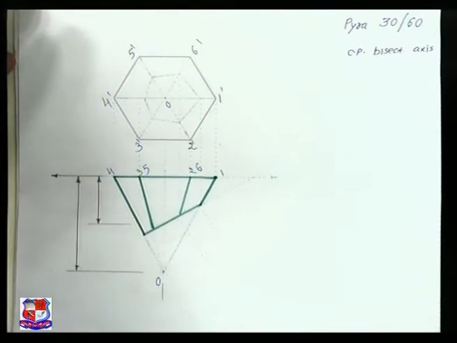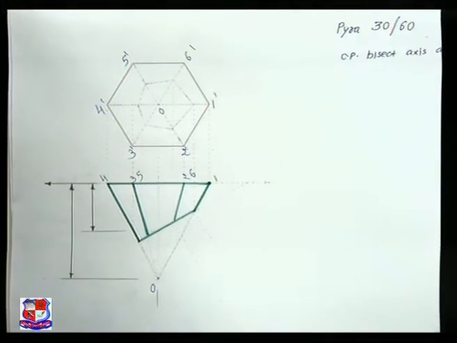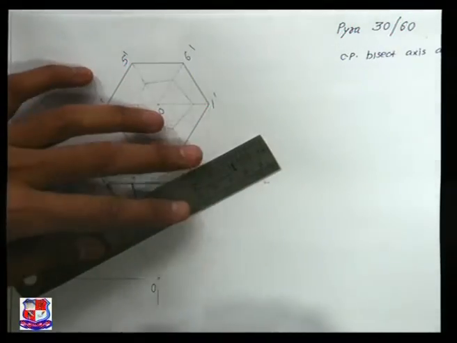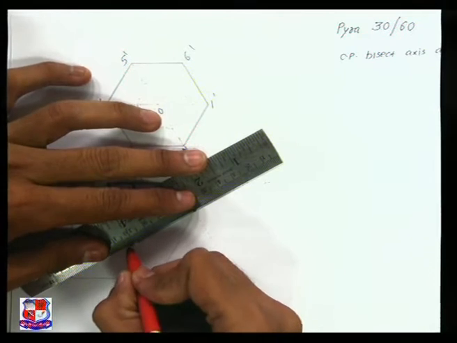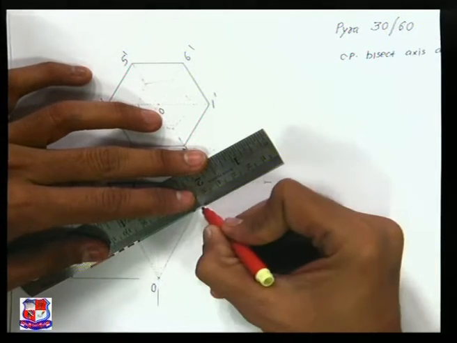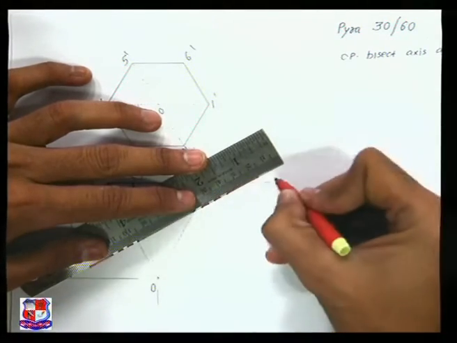Now find out the points of intersection between this cutting plane line and the generators. As we know, this is a cutting plane line that you should represent very clearly in your drawings, because it's very important.